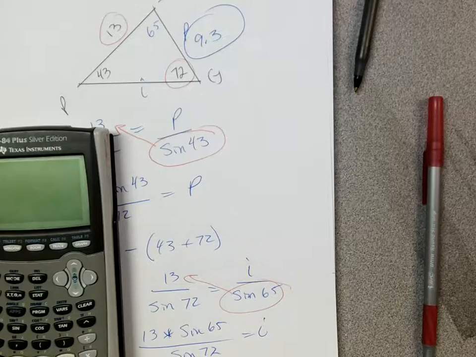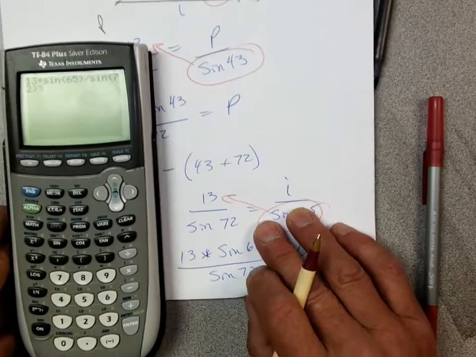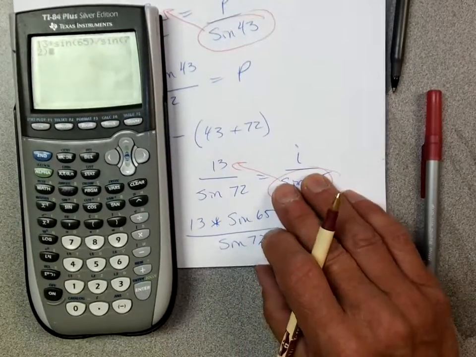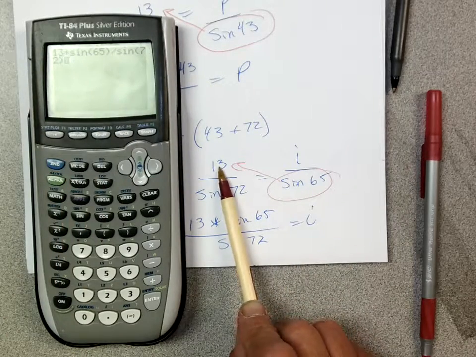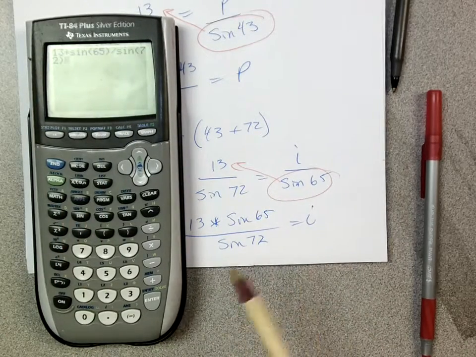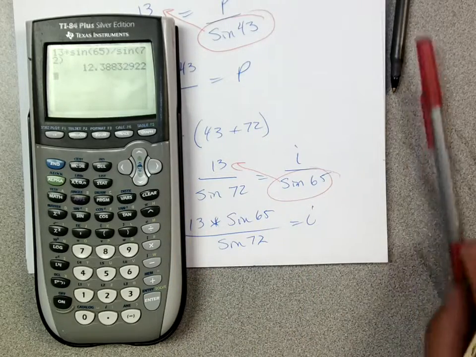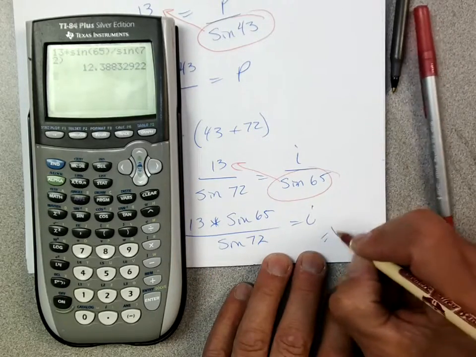So 13 times the sine of 65 divided by the sine of 72. There you go. I get an answer of about 12.4. So little I is about 12.4.